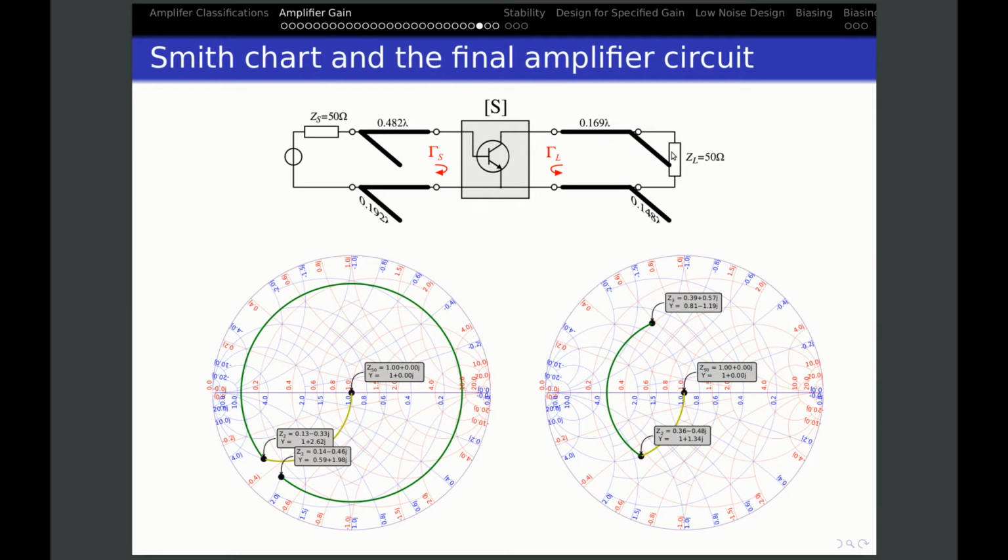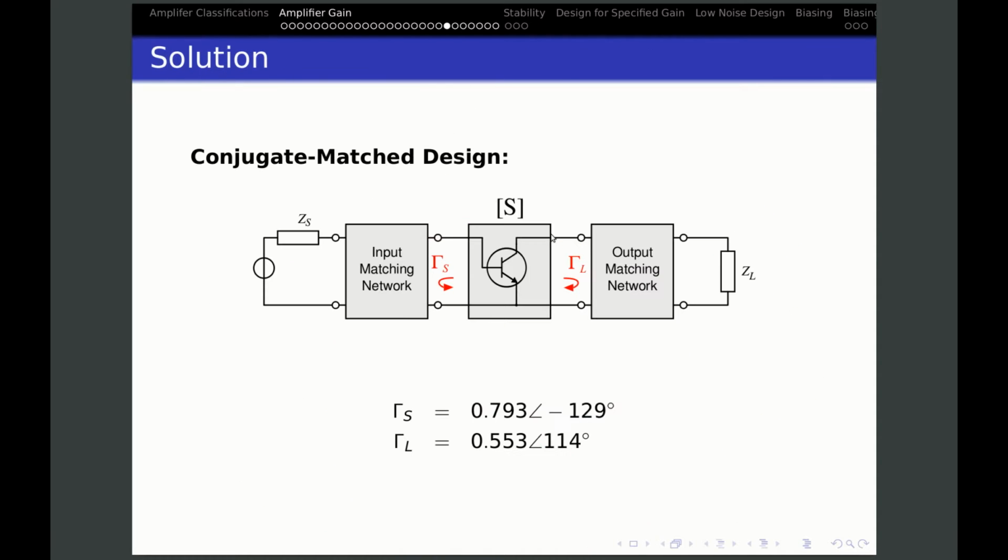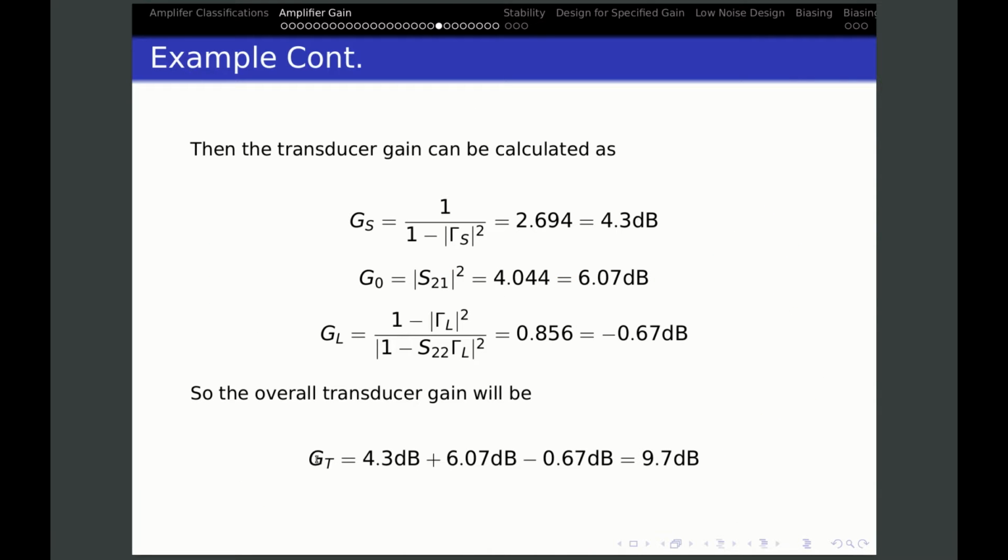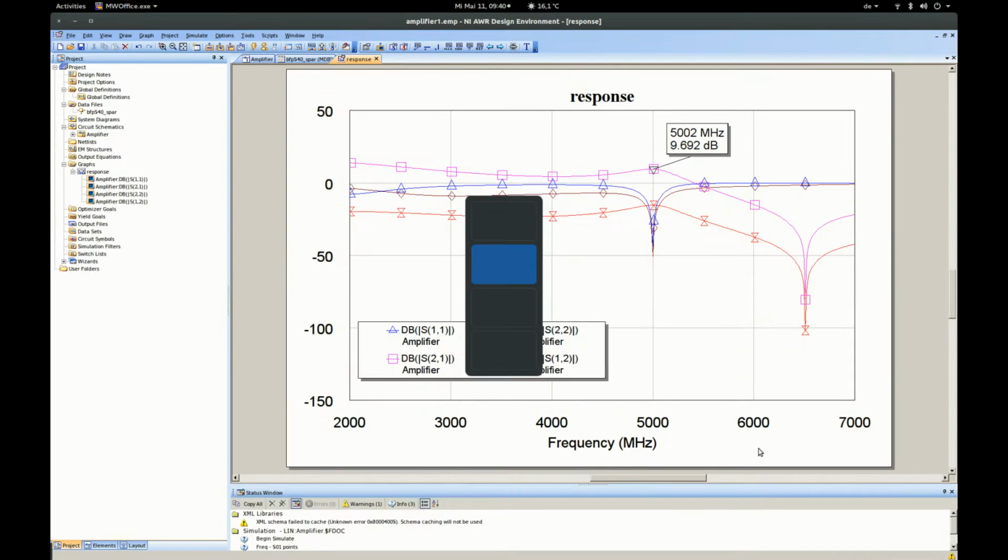Double checking this with my theory, remember, I calculated 9.7 dB as the gain of my amplifier. So that seems to work. Now we designed our very first amplifier that gives me 9.7 dB gain and is matched for input and output. That means that's my maximum gain design.